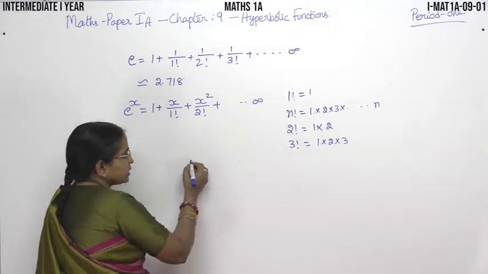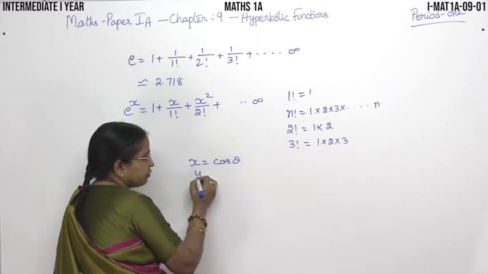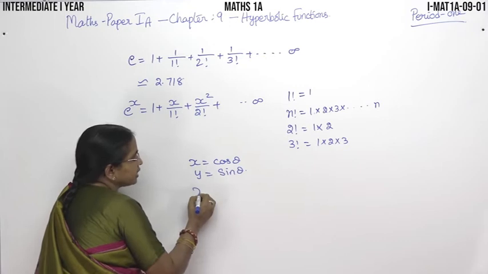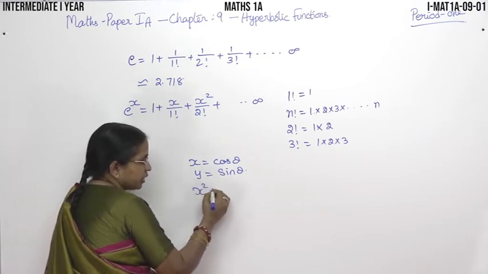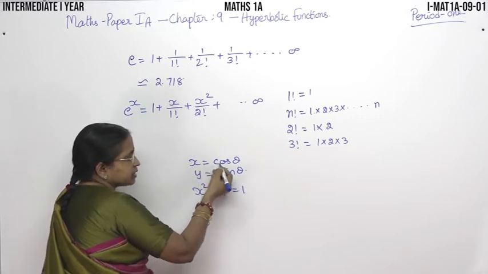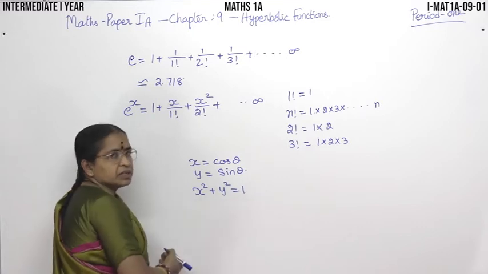Now let us take x is equal to cos theta and y is equal to sin theta. Now if you see, these two satisfy the equation x square plus y square is equal to 1. If you put x as cos theta, cos square theta plus sin square theta is always equal to 1.